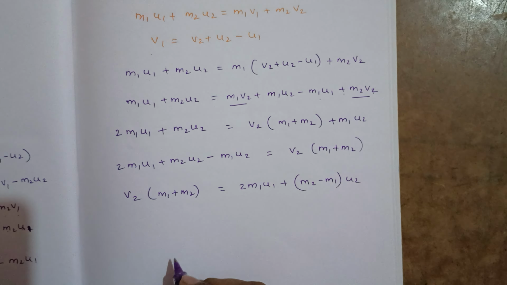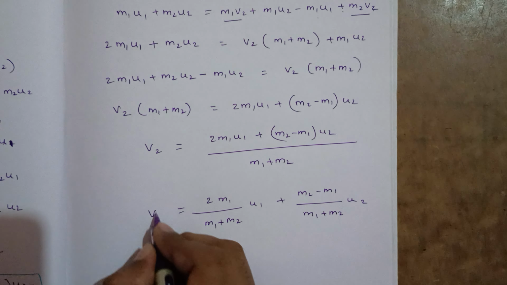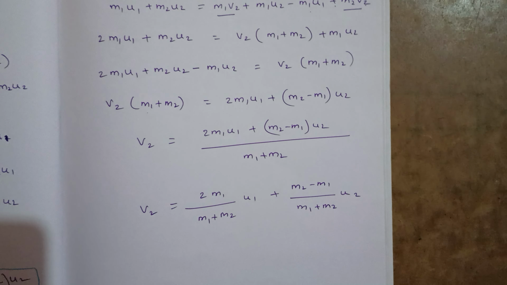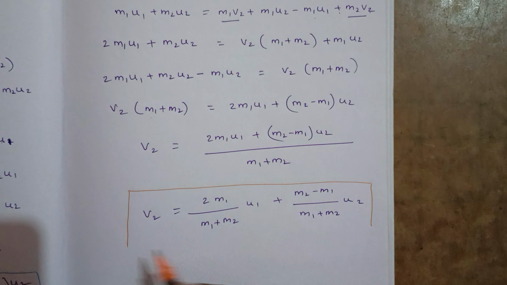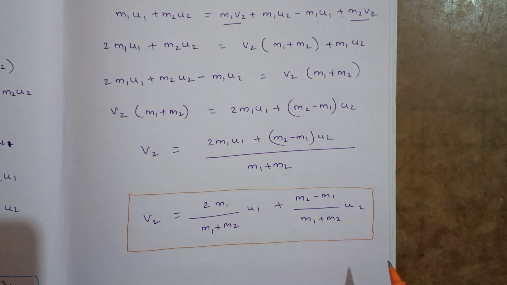Now we can split it: 2 into m1 by m1 plus m2 into u1 plus m2 minus m1 by m1 plus m2 into u2. This is for v2. So we derived the formulas for v1 and v2.